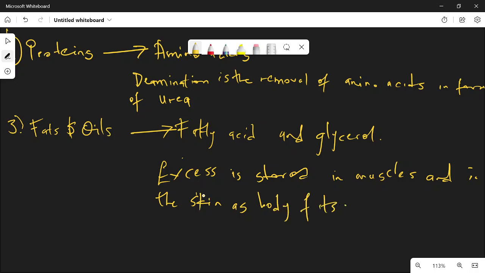So that is what we have for the digestive system and alimentary canal of animals. Any question?